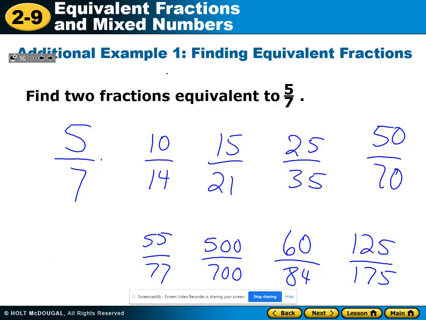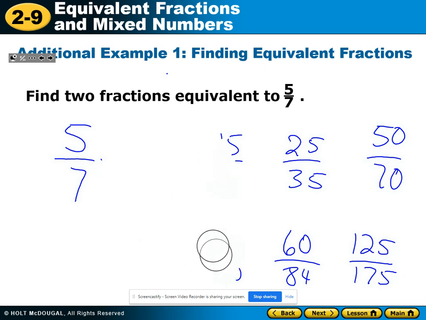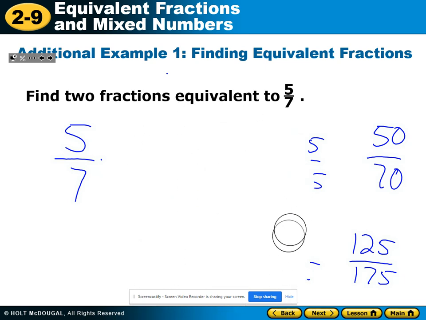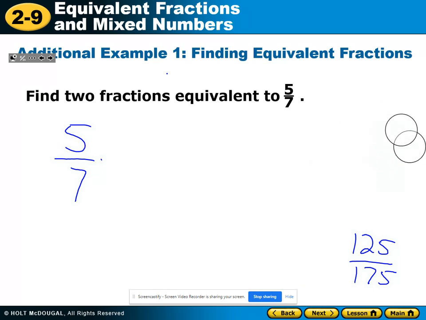So find two fractions equivalent to 5/7. Wow, we did a lot more than 2. All right? So you can choose any number in the world to make an equivalent fraction. So like if I wanted to, I could choose to take this up by 2 over 2. 2 over 2 is just a fancy one. It doesn't really change anything.